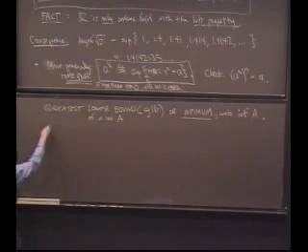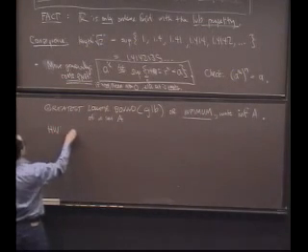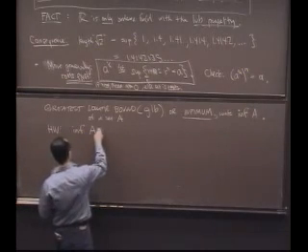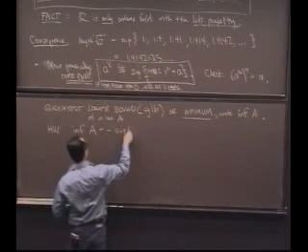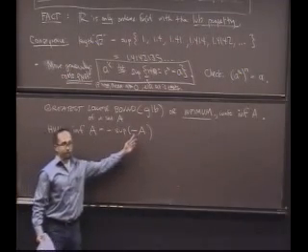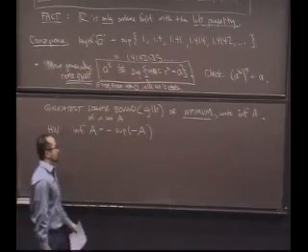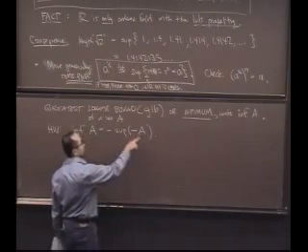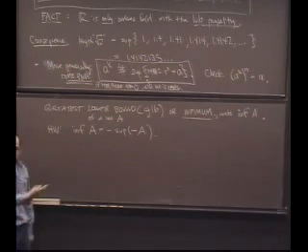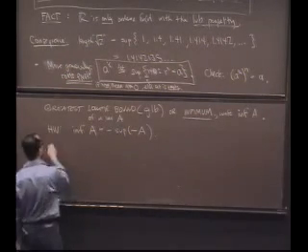So, for instance, on your homework, you'll show, in fact, that the infimum of a set, if it exists, is minus the supremum of the set where you negate everything. Okay, so this will be in your homework. This symbol will be defined as take the negative of everything that's in A. Okay. The infimum may not exist, but it will exist, of course, if the set is bounded below.